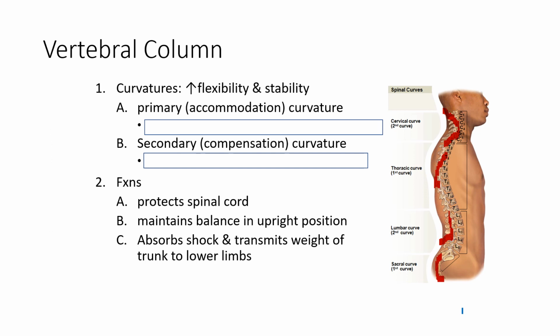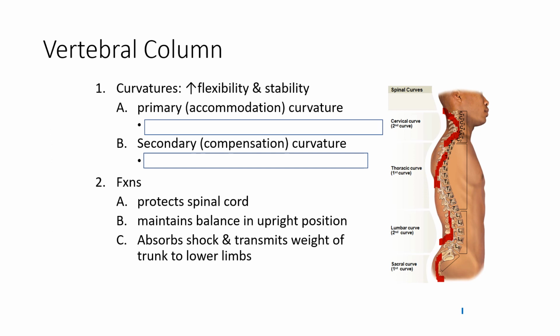So collectively, there are two curvatures, the primary and secondary curvatures. The primary curves, also known as accommodation curvature, appear in fetal development to accommodate the thoracic and abdominopelvic organs.